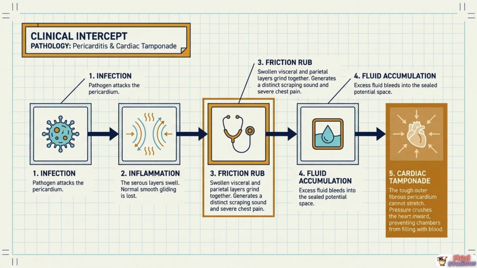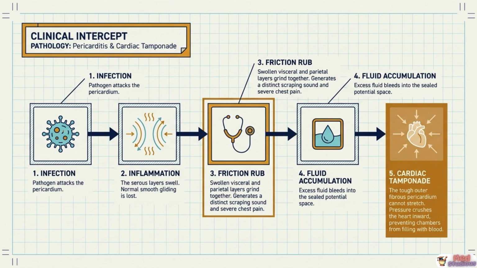What happens when these potential spaces fail? Consider the pathology of pericarditis and cardiac tamponade. First, a pathogen attacks the pericardium, sparking an infection. Second, inflammation causes the serous layers to swell, and normal smooth gliding is completely lost. Third, a friction rub occurs.